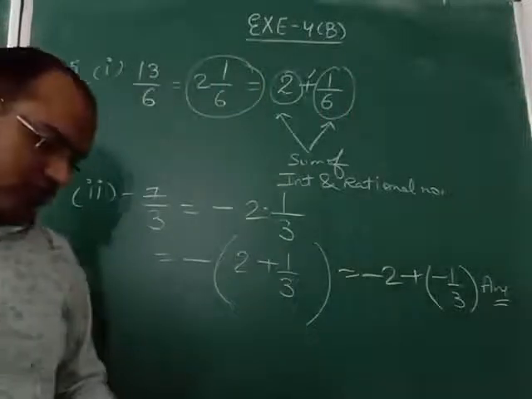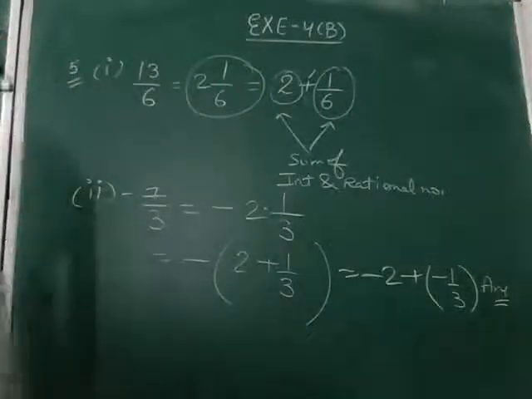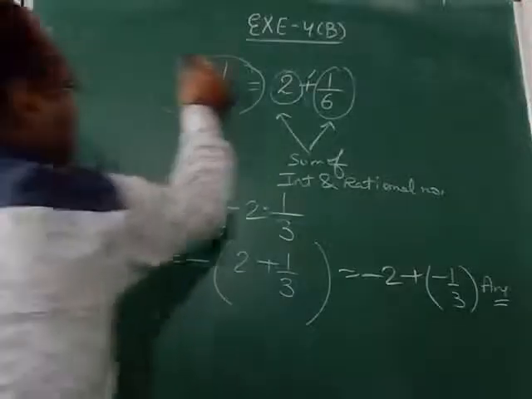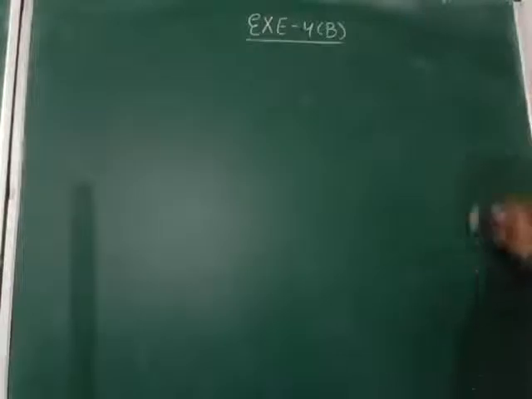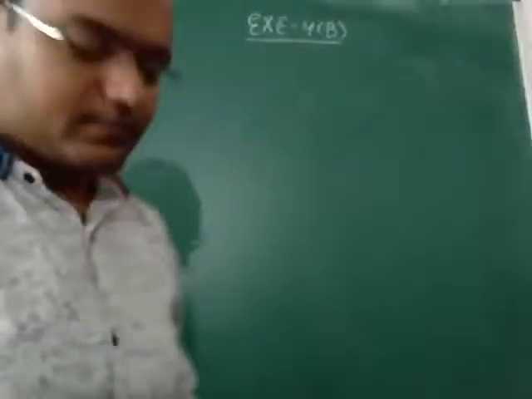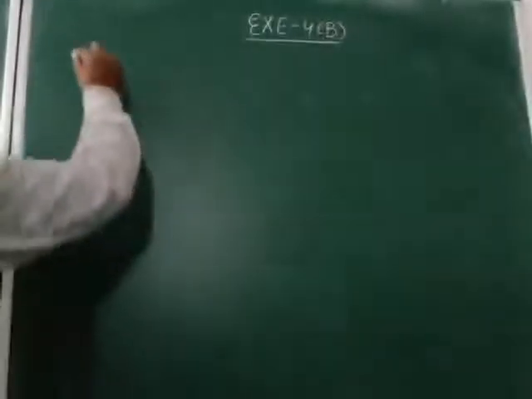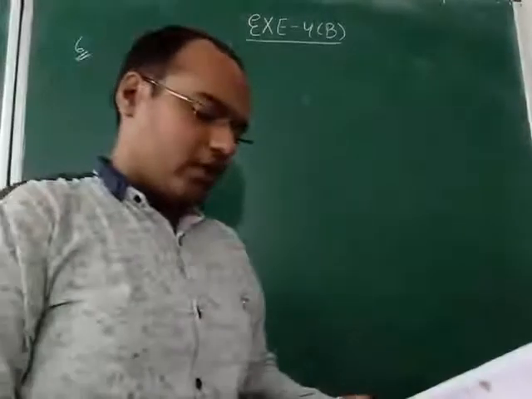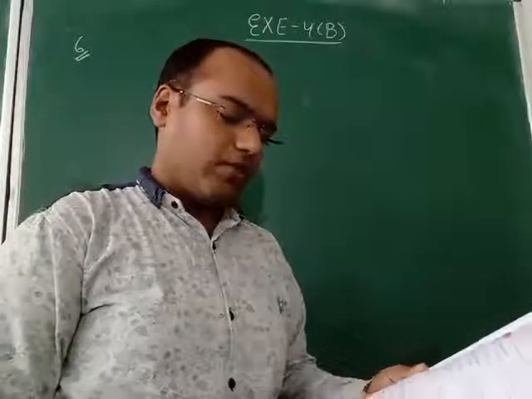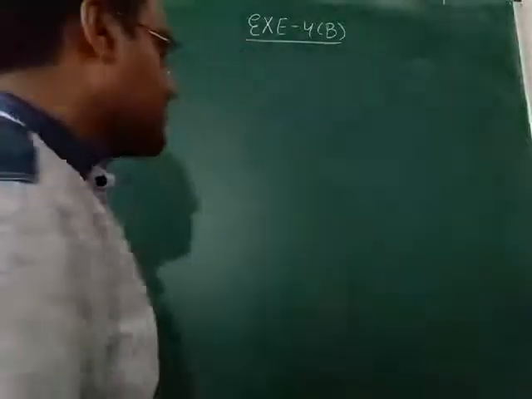Now see the last question, question number 6. Sixth question. Anshaj walked 2 upon 5 km from place P towards the north.